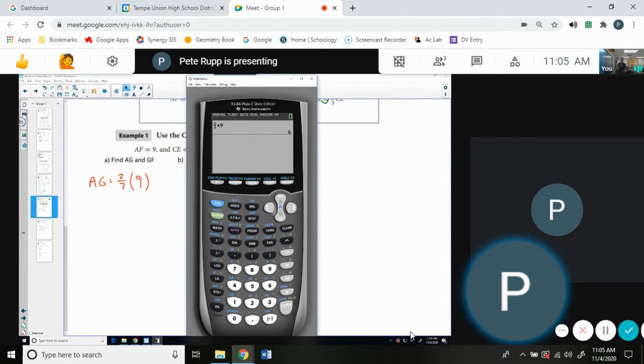Or if you don't have a fraction key, you can always do this: 2 divided by 3 in parentheses, and then times 9. Or you can do those individually. You can hit 2 divided by 3, enter, and then times 9, enter, and it'll give you 6 also. Okay, so just a couple ways to do it there.